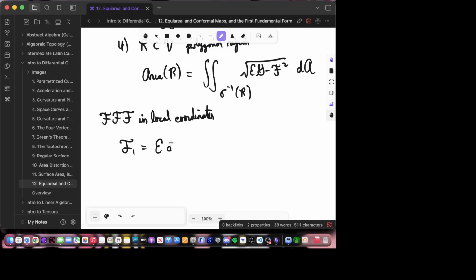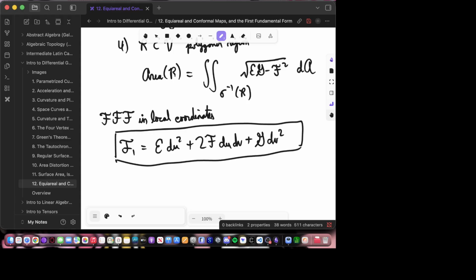We define it like E du squared plus 2F du dv plus G dv squared, where E, F, and G are defined before. Now, what the du and dv mean is sort of beyond the scope of these lectures.